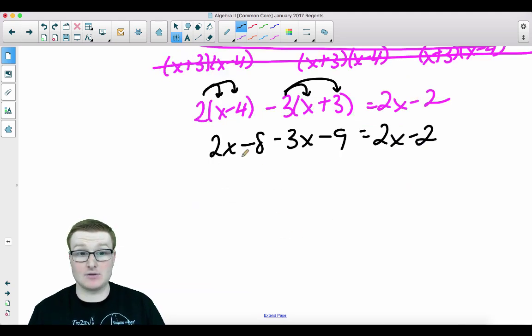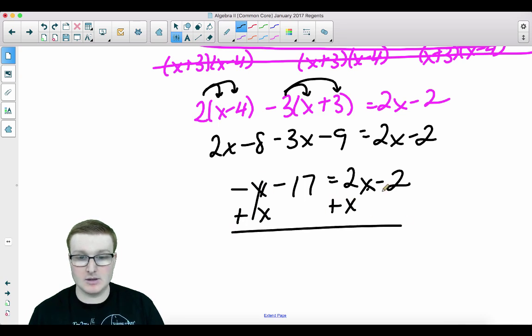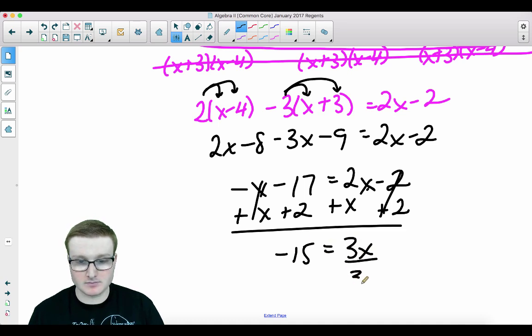Okay, let's go and solve for x. So I'm going to combine like terms. I get negative x minus 17 equals 2x minus 2. I am then going to add that x on both sides. I'm going to add that 2 over. So we get negative 15 equals 3x. Divide by 3 on both sides.